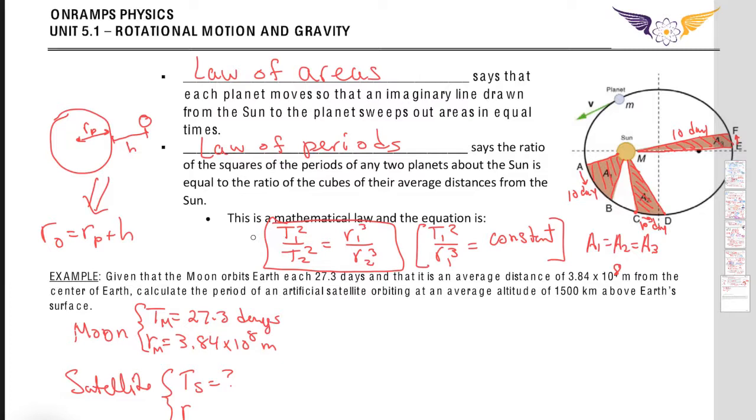Remember, gravity generates from the center of the Earth, and that's where this comes from. So we have to take the radius of Earth and add it to that height. The radius of Earth is 6,300 kilometers, and it tells us that we're 1,500 kilometers up.